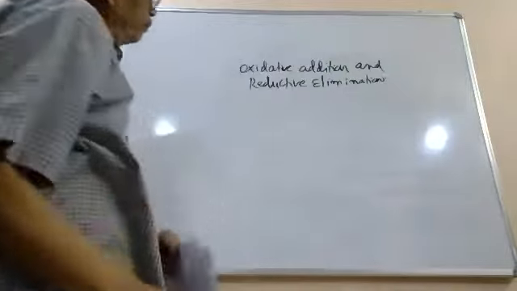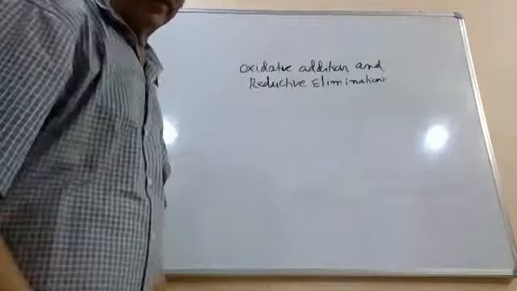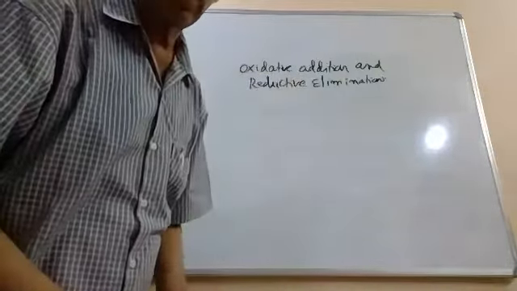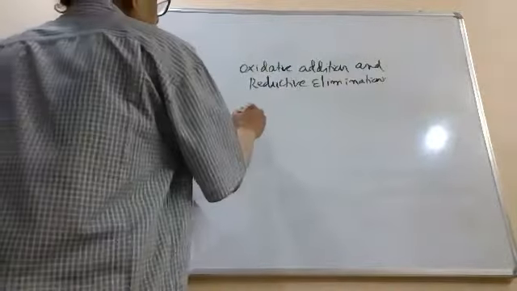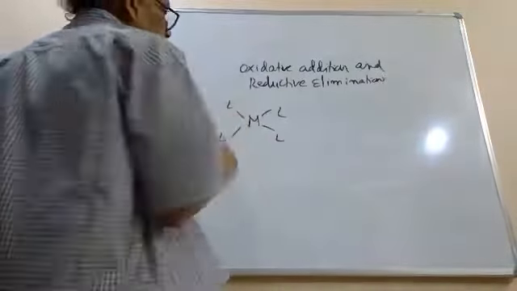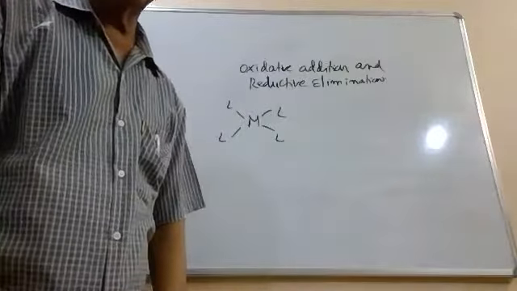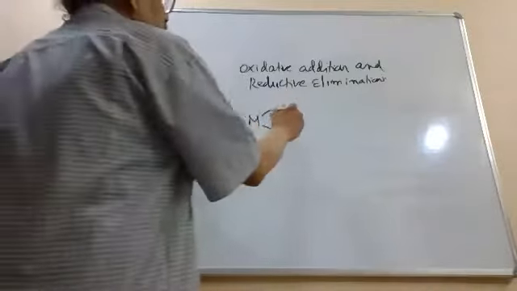In fact, oxidative addition is just the opposite of reductive elimination. Or if you like, reductive elimination is just the opposite of oxidative addition. So in general, what happens is if you have a complex of 4 ligands and a metal, generally square planar complexes undergo these oxidative additions and reductive eliminations.